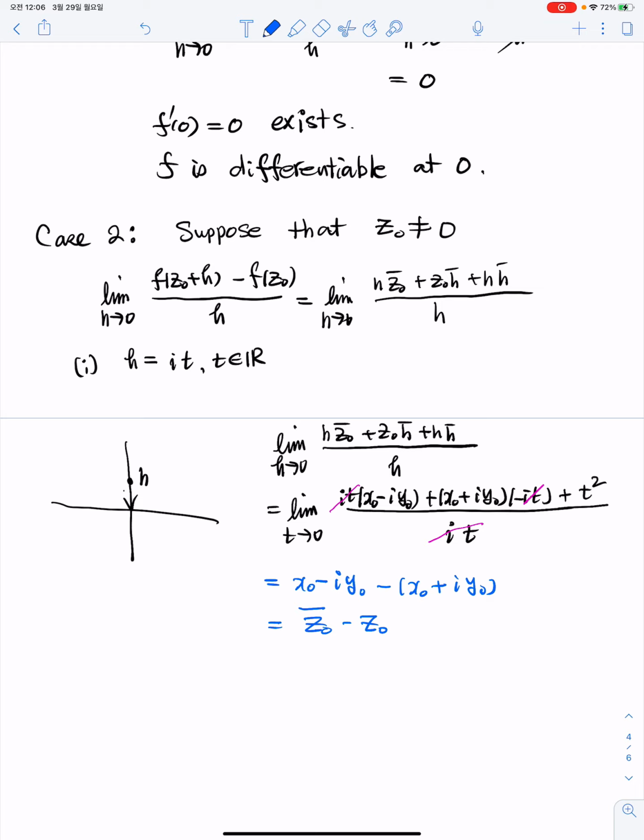This is what we have. Then you cancel this out, so that would be minus 2i y0. That's what I have.